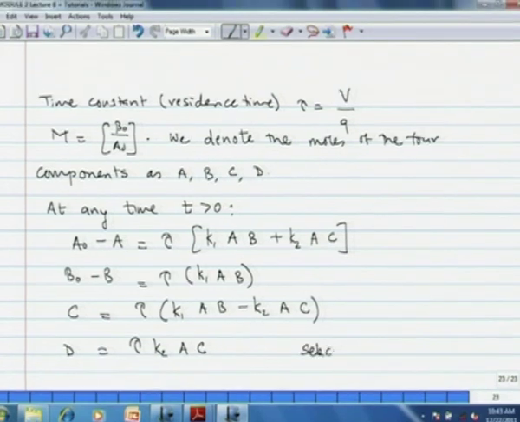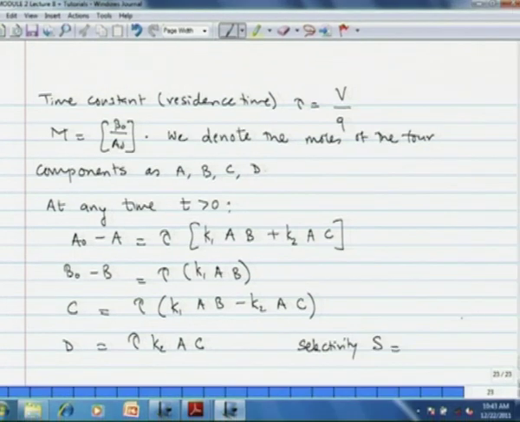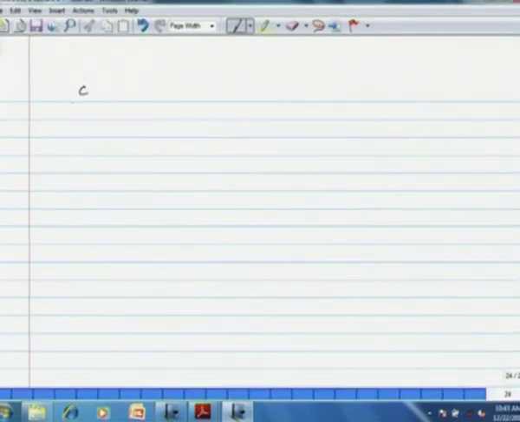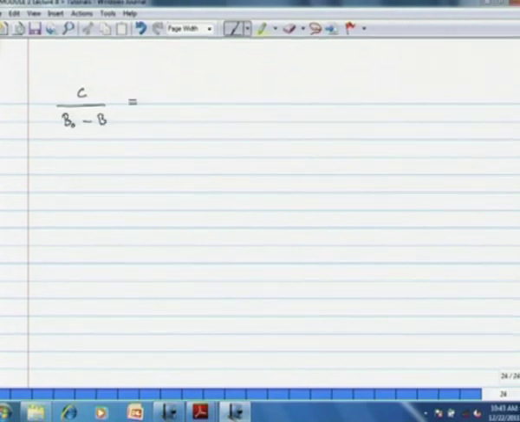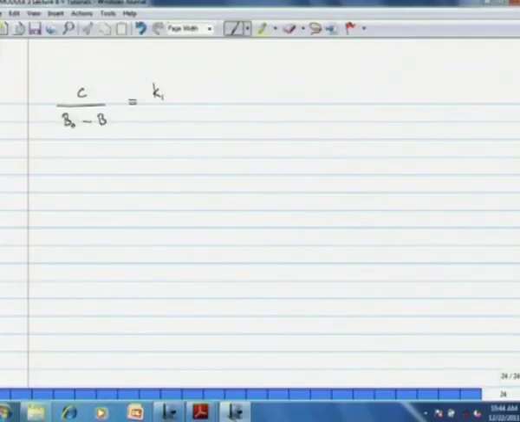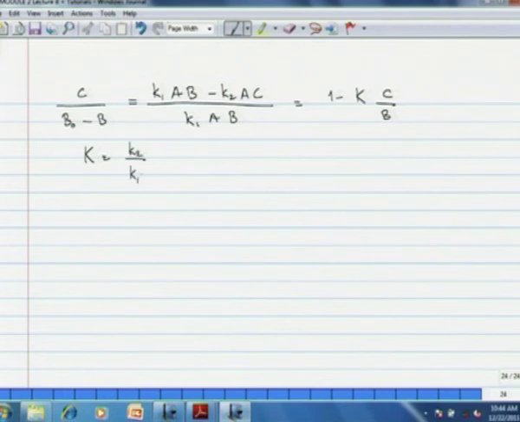The selectivity S will be equal to C, the desired product, divided by the limiting reactant converted, A naught minus A. We substitute for C as well as changes in the other excess component B, C divided by B naught minus B, and then we get, for C we substitute the expression that we just wrote, K1 into A into B minus K2 into A into C divided by K1 into A into B, and thus we get the expression 1 minus capital K into C by B, where capital K is the ratio of the rate constants of the two reactions.